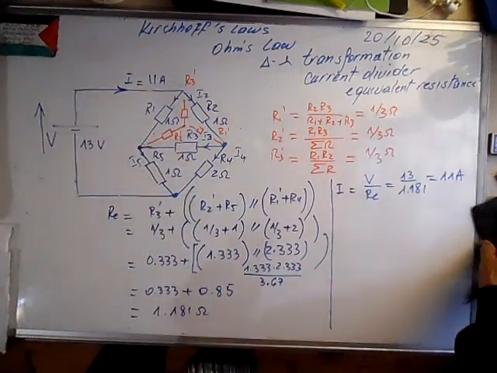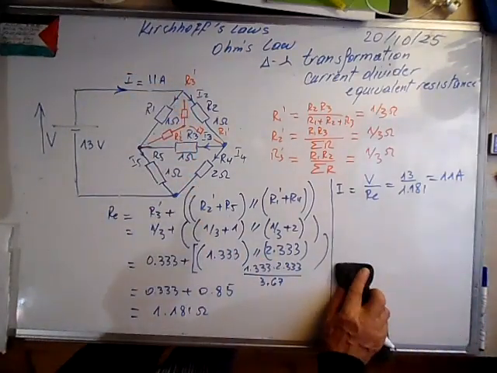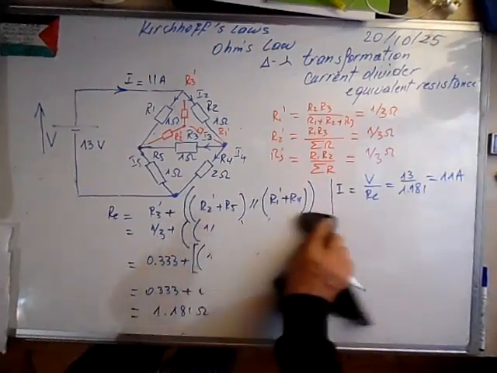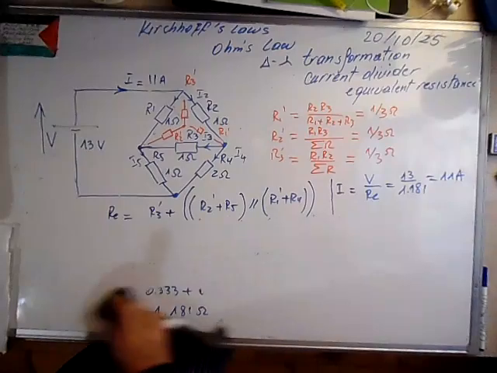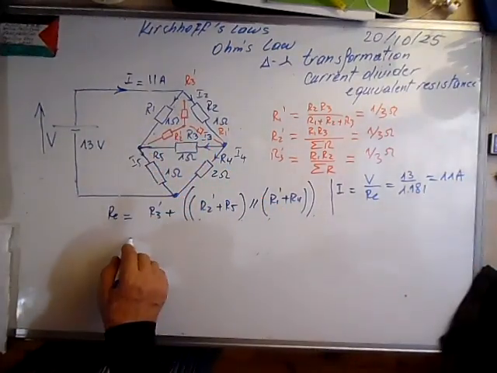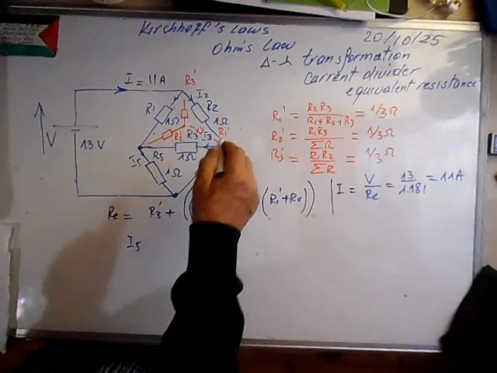Now we have to calculate using the current divider. We'll use the current divider to calculate I5 and I4.